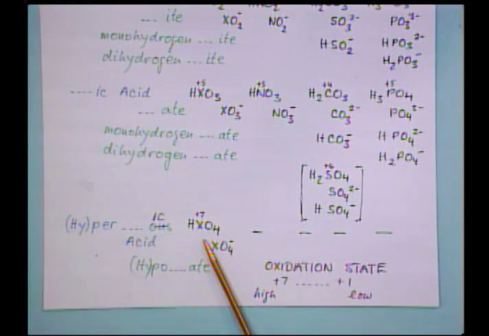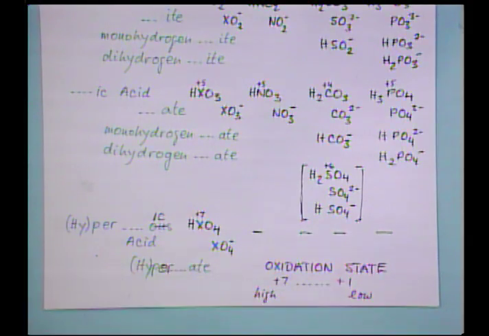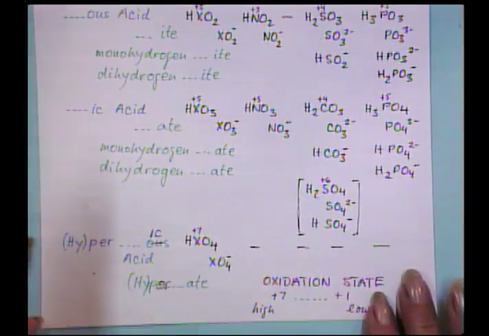So perchloric acid. And the salts would be called then per-ates. Like perchlorate. So the salt, which is KClO4, would be called potassium perchlorate.